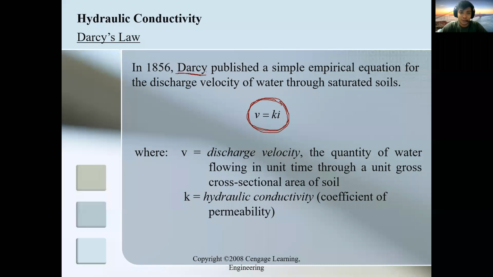If you're trying to recall Darcy's law formula, all you have to do is imagine that Darcy is gay, di ba? Bayot si Darcy.